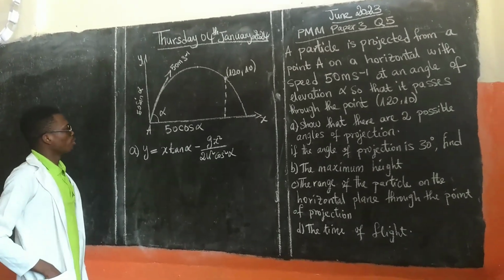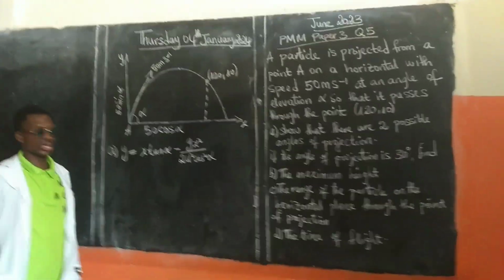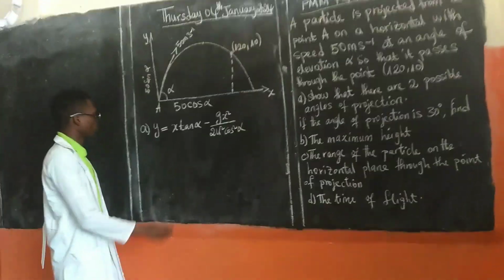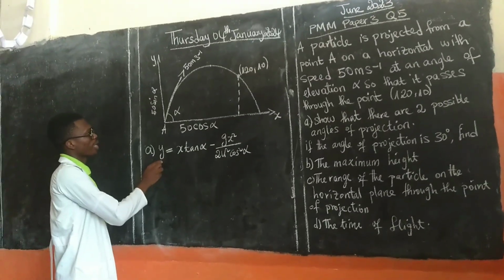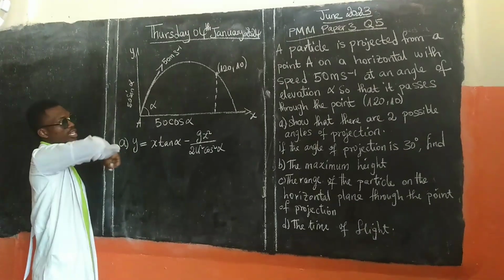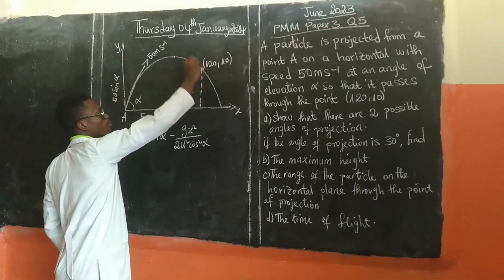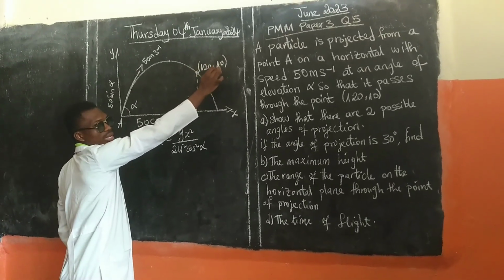So we are just simply going to substitute the values in this equation of trajectory and see what it gives us. We are told that the particle after projection passed through a certain point with the x coordinate 120 and the y coordinate 10.